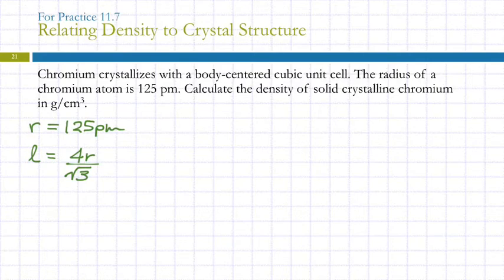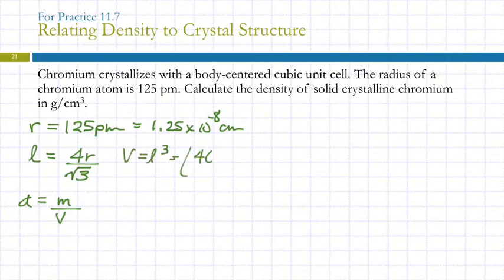So we want density. What's density? Mass over volume. So density is the mass of the cell divided by the volume of the cell. Well, we just calculated a volume of the cell, right? We converted picometers into centimeters. So you can do that. It's going to end up 1.25 times 10 to the minus 8 centimeters. And then the volume was equal to L cubed.